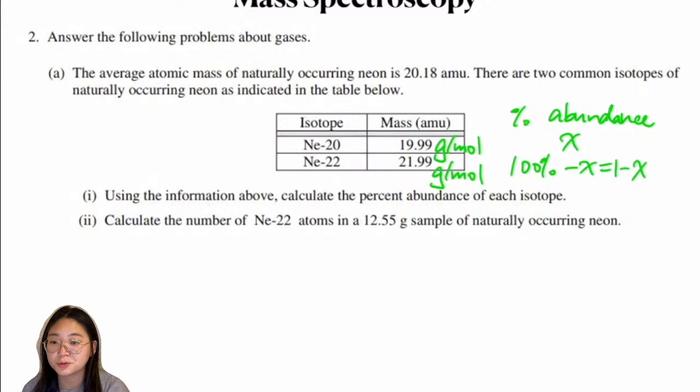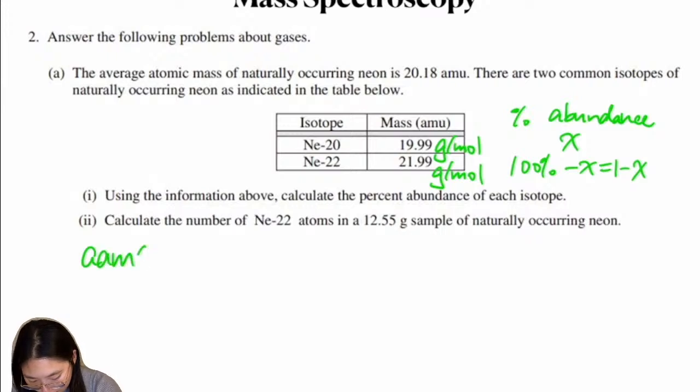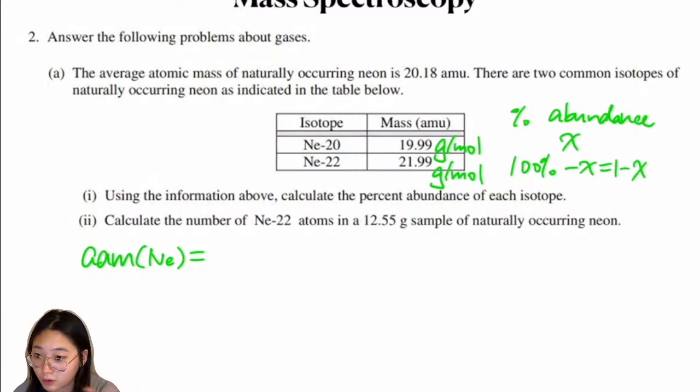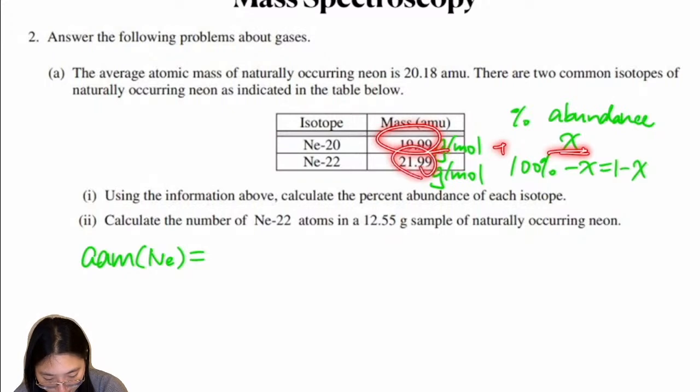Now, do you remember how we calculated average atomic mass for any element? The average atomic mass of neon should be equal to the weighted mass of all of the isotopes. By weighted mass, I mean multiplying the molar mass by the relative abundance, or percentage abundance, and then adding them up.